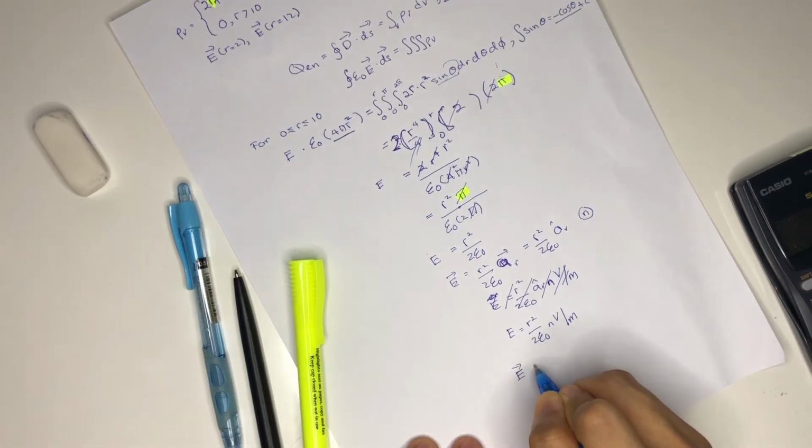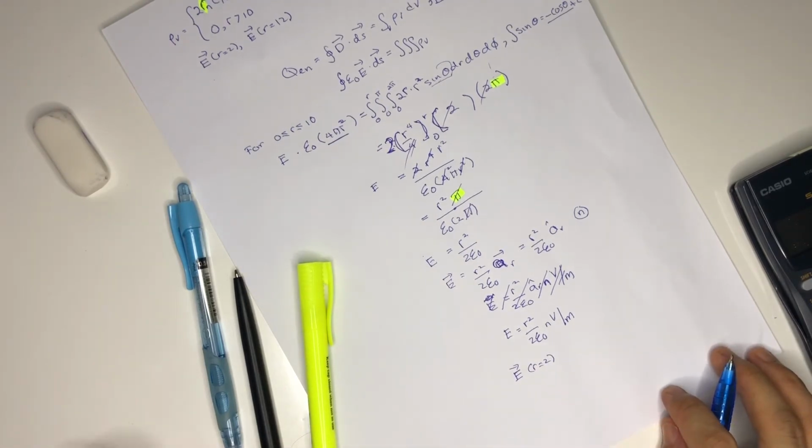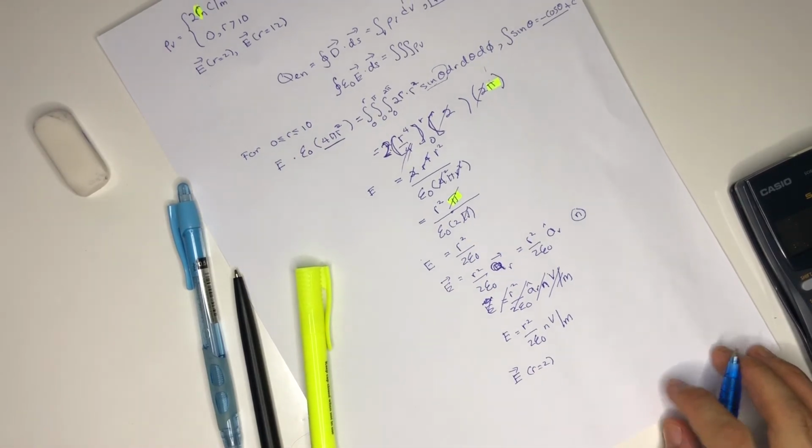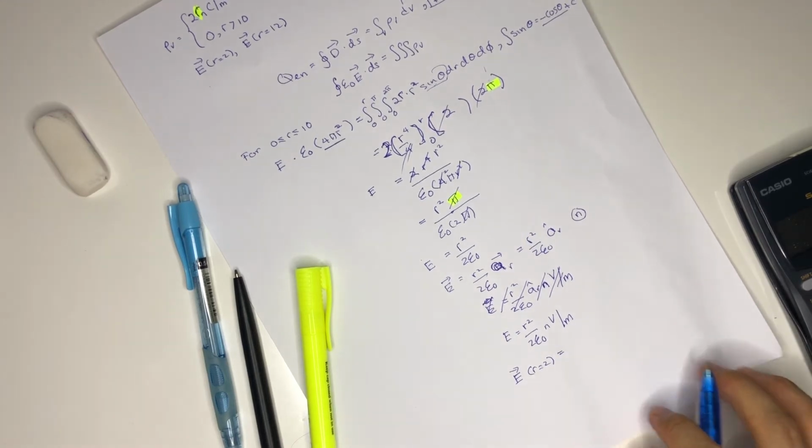So E at R equals to 2, what is the value?